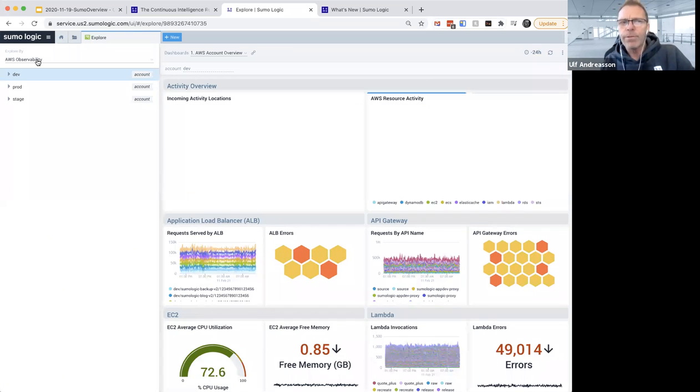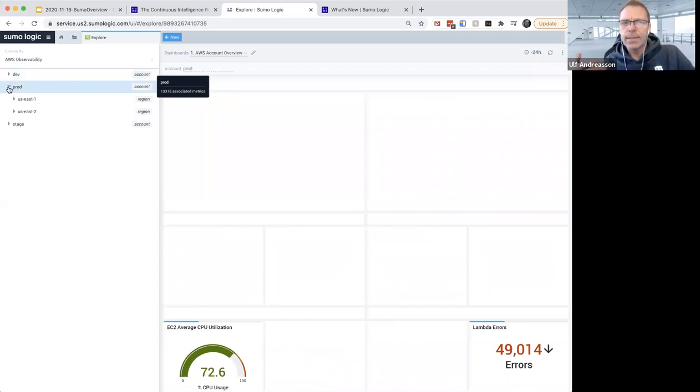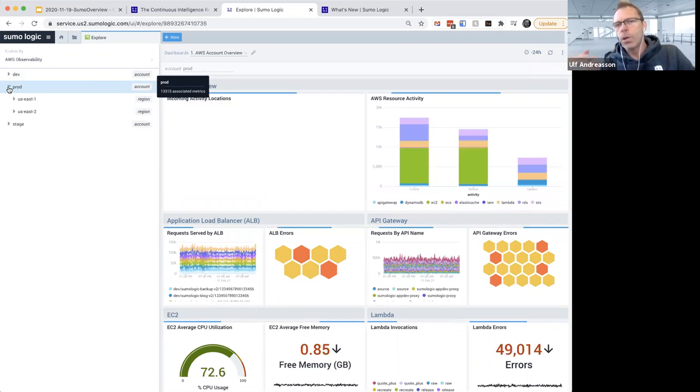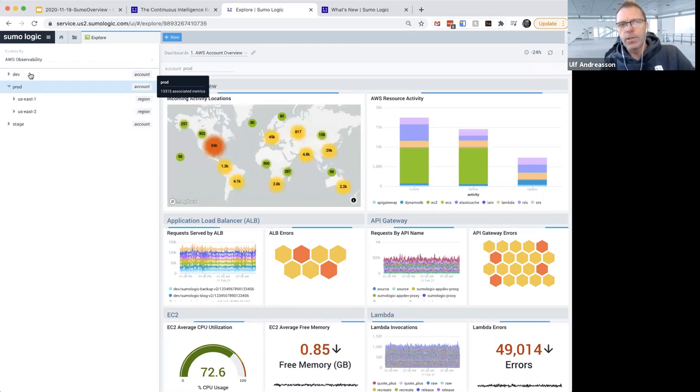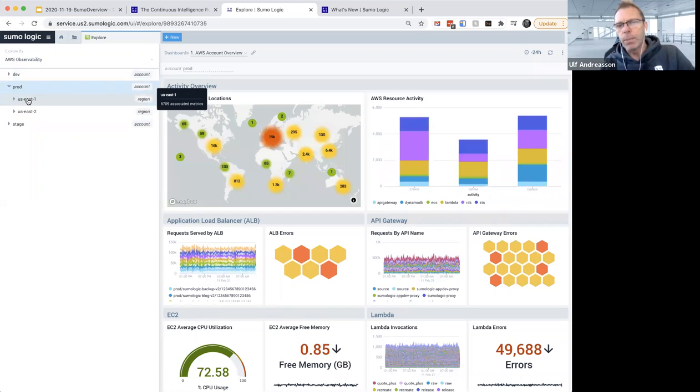On the left-hand side, you get the different accounts. As I said previously, you can decide which accounts you're going to collect, and you can also name them. In this case, I've named them dev, prod, and stage, because that's what I'm using them for. When I open up these different accounts, I can see the different regions I'm deployed in.